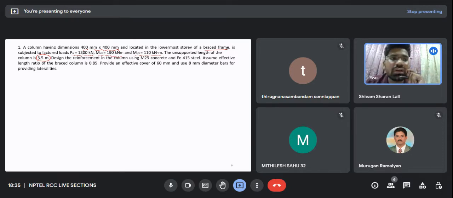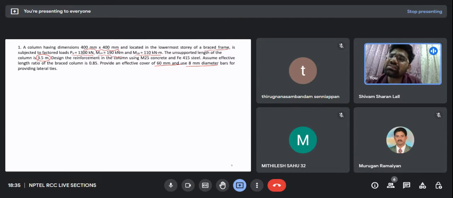Assume the effective length ratio of the braced column is 0.85. Okay, they have given the effective length ratio and the unsupported length also. Now you can find the effective length by multiplying 0.85 by 3.5. Provide an effective cover of 60 mm and use 8 mm diameter bars for providing lateral ties.